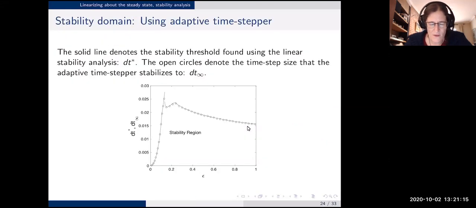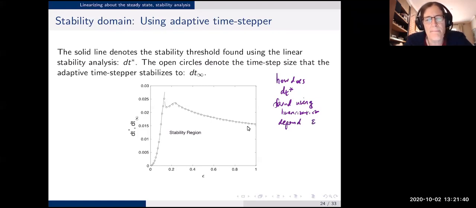And so now what I can do is ask, how does this stability threshold, which I found using the linearization, depend on the singular perturbation parameter, which is one of the key parameters in the problem.